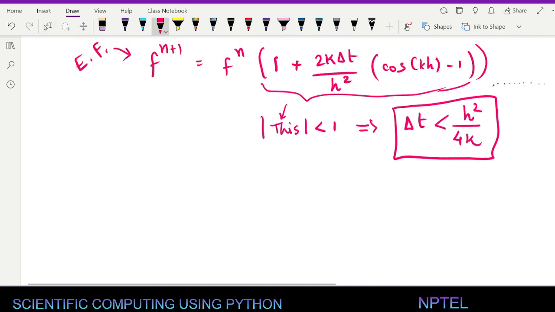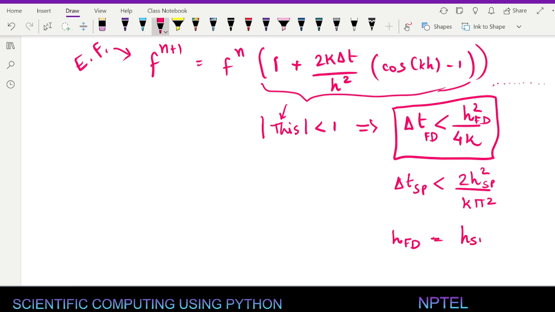And earlier we had seen that using the spectral method, it is this relation, 4h square sp divided by k pi square, and we also know the relation between h finite difference and h spectral, which has to be h spectral divided by 2 pi.